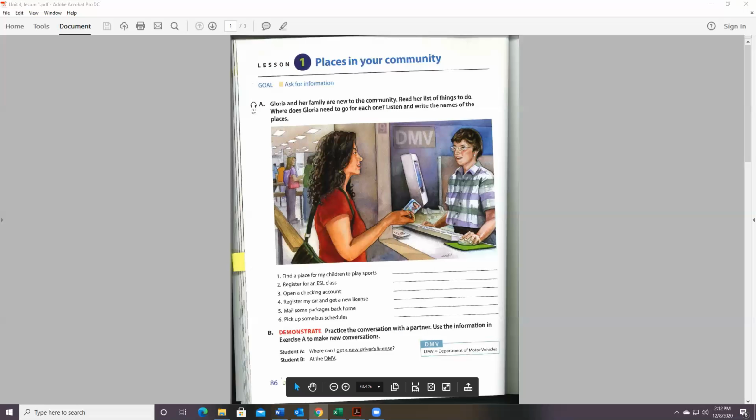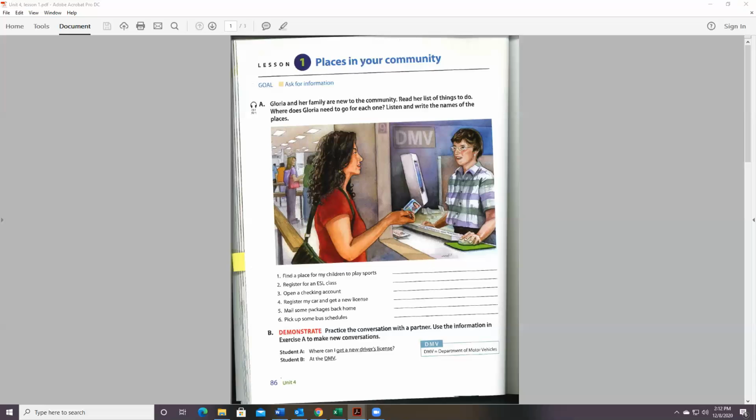Gloria is new to the community. First of all, she needs to go to a bank to open a checking account so she can pay her bills. Second, she needs to go to the Department of Motor Vehicles to register her car and renew her driver's license. For now, she will need to use public transportation, but she doesn't know where to get a bus schedule. She'll have to ask at the bus station. Also, she'd like to take some ESL classes to improve her English.